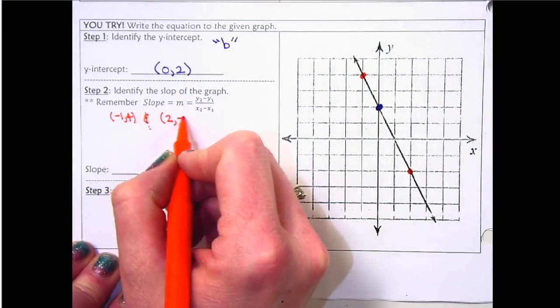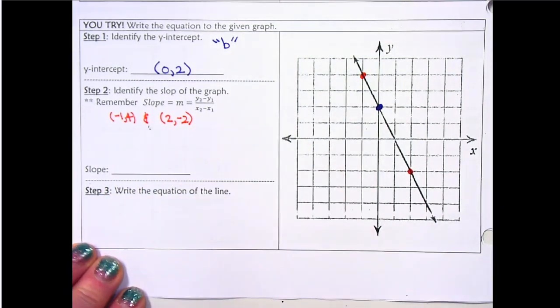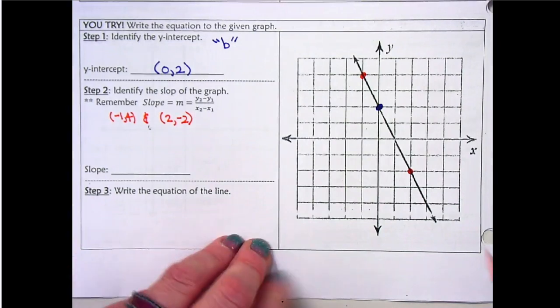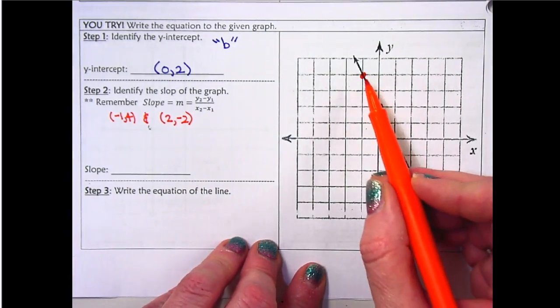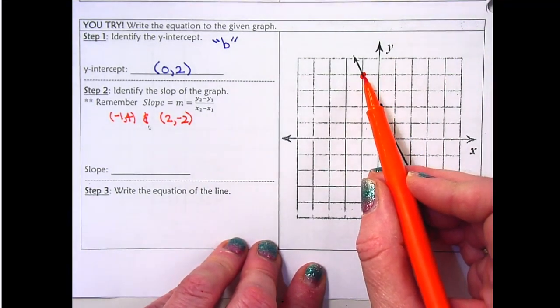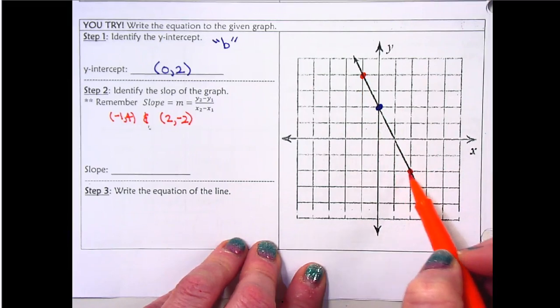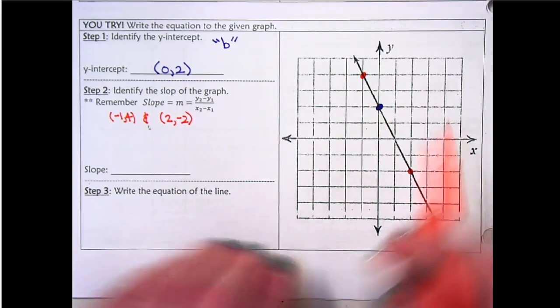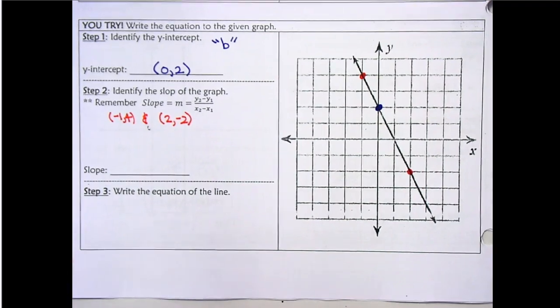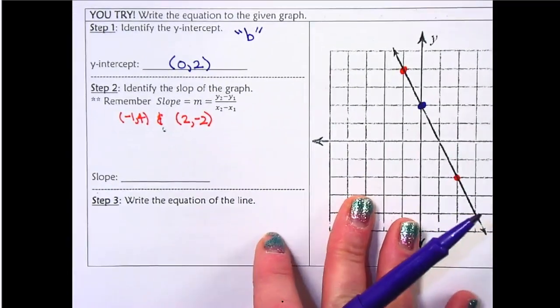It doesn't matter which ordered pairs we pick. I made sure I picked perfect ordered pairs, so ordered pairs that have an integer in the x coordinate and an integer in the y. So they cross at a perfect four-way stop, or a perfect intersection. Let me zoom in a little bit.